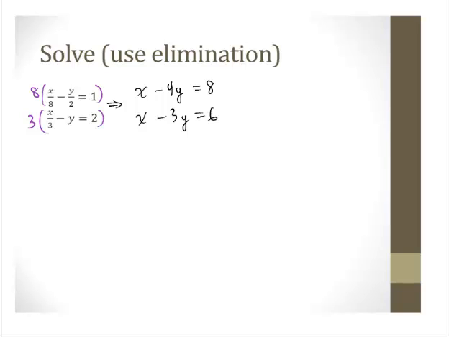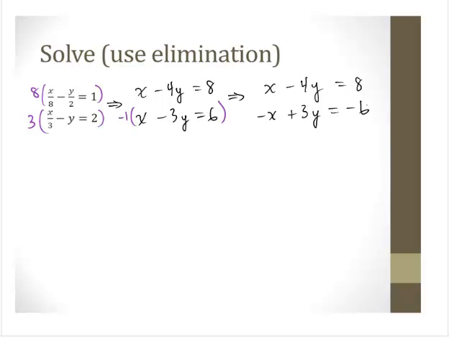And now it's very easy to see what to eliminate on. Notice I have a positive 1x in both equations, so now what I'll do is multiply the second equation by negative 1. I could have just as easily multiplied the first equation by negative 1, yielding x minus 4y equals 8, and negative x plus 3y equals negative 6.